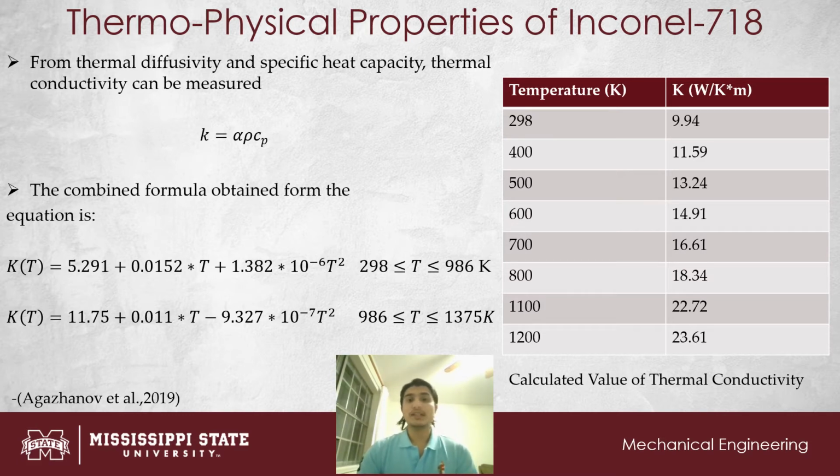Thermal conductivity can be given as the product of thermal diffusivity times density times specific heat. And when we combine the earlier two equations, we get these formulas over here, which are functions of temperature. The calculated value of thermal conductivity for Inconel 718 at various temperatures is shown in the figure or table.